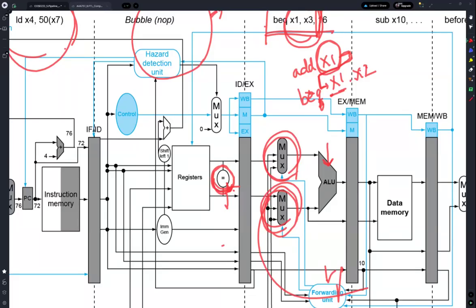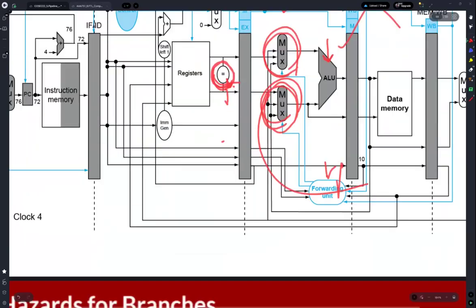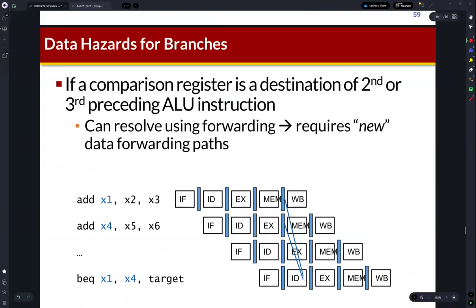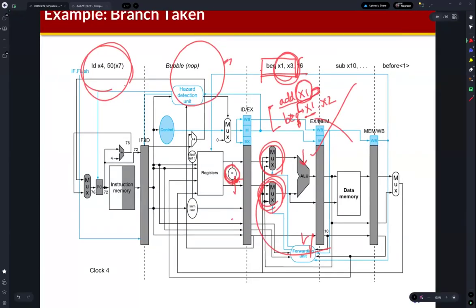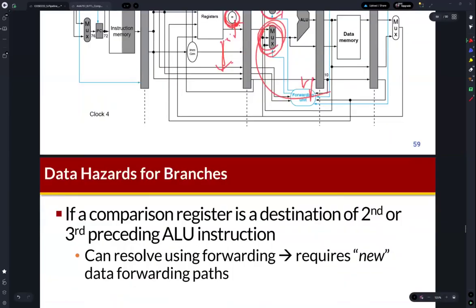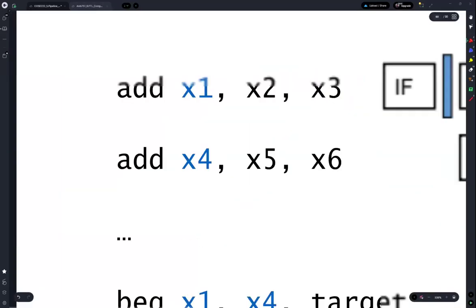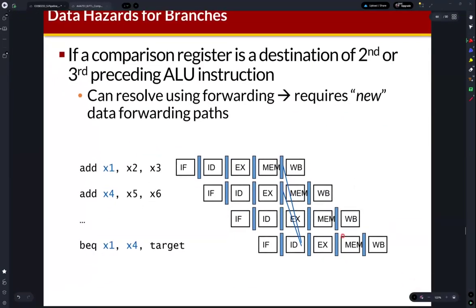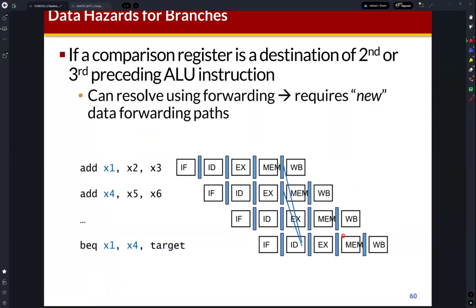So for this case, data forwarding does not work. If we just improve the performance of branch instructions like this, this solution creates a new data hazard. So this is the problem, right?